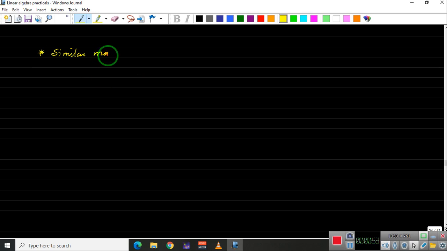Similar matrices. Now two matrices A and B are said to be similar. Of course, they have to be of the same size, square matrices.